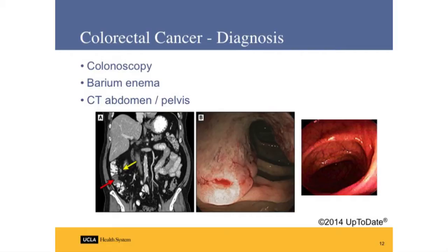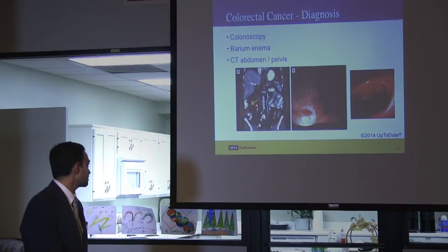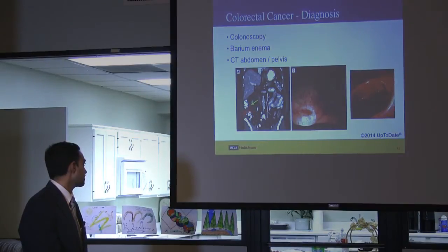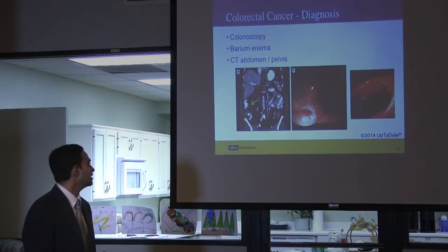So this picture here shows a CT scan, and there's an obstructing lesion here. So this is here, which is a cancer. And then here you can see a colonoscopy, and the cancer is actually here. This is a normal part of the intestine, and this is in contrast to this picture, which is a normal appearing colon.